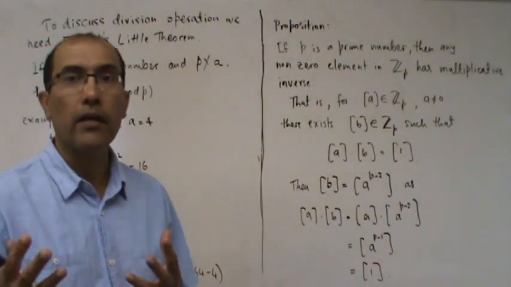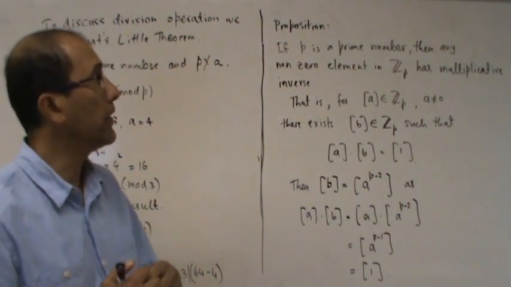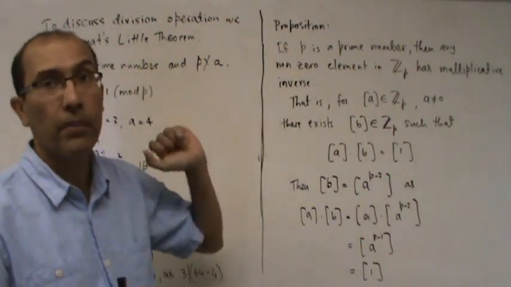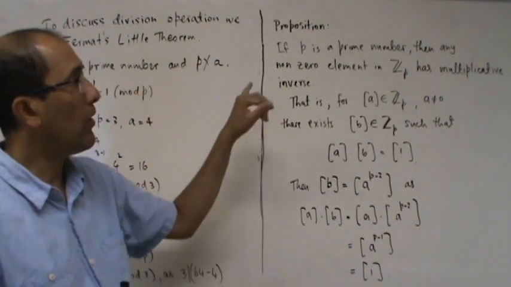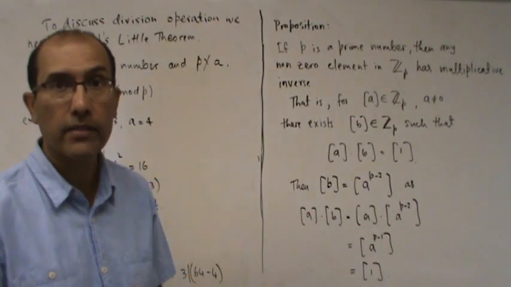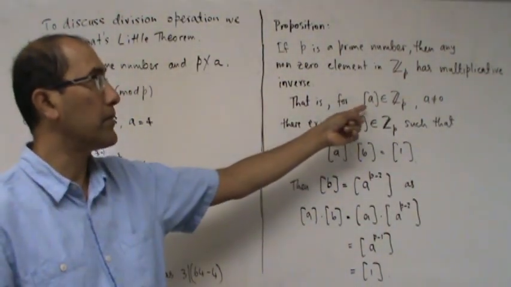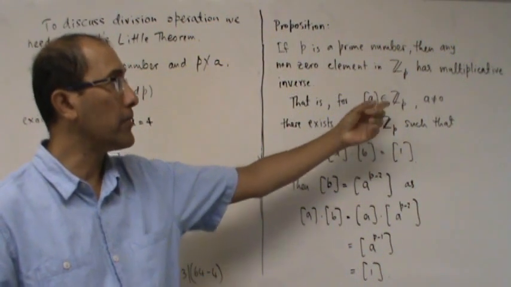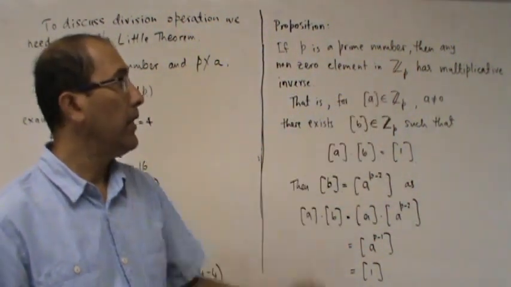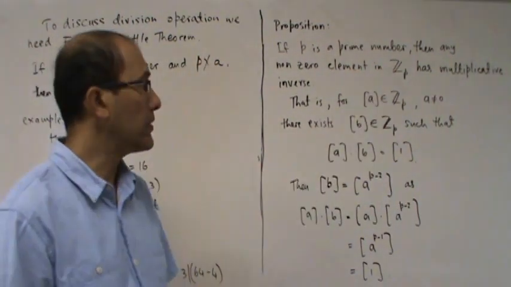This little theorem brings us to an interesting and important proposition: if P is a prime number, then any non-zero element in Z_P has a multiplicative inverse. What it means is that suppose you have some A, an equivalence class in Z_P, and A cannot be 0 because we don't want the 0 equivalence class.